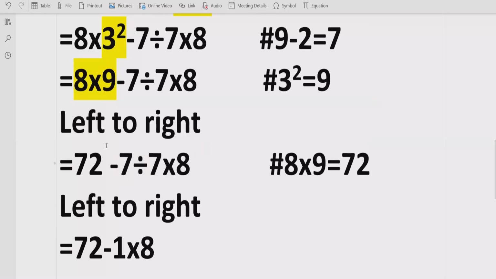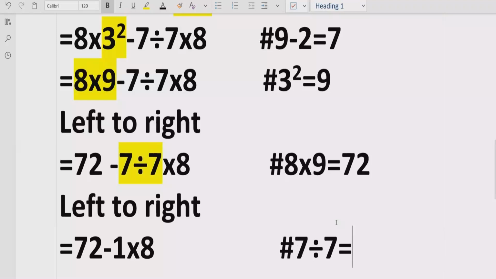Or someone says I'm using BODMAS, so I will solve this 7 divided by 7. No, the rule is the same. First of all, we have to go left to right and find out which is coming first. So now we have this division, which is 7 divided by 7. We have to solve this one and it becomes 1.